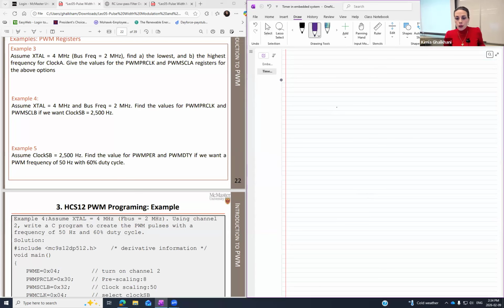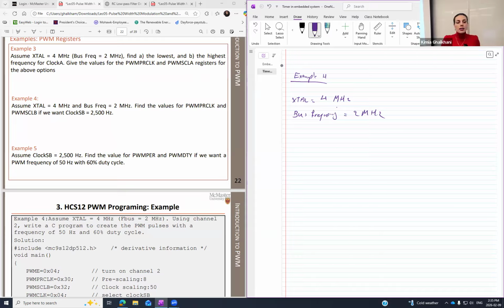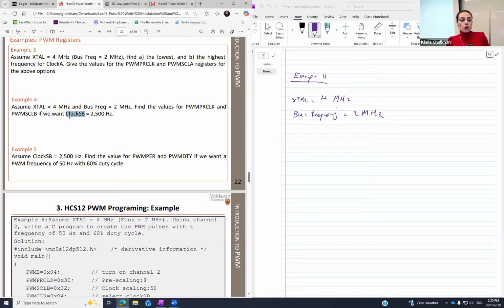But if it is not, I know that everybody knows, just dividing this, you can calculate your bus frequency, which is 2 in this example. And then you are expected to find the value for your PWM clock, if you want your clock SB to be 2500 Hertz. So how do I do this one?